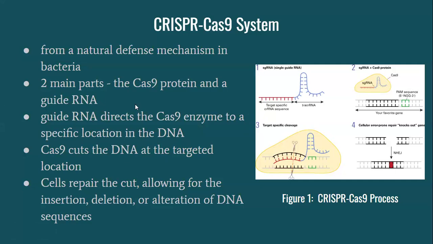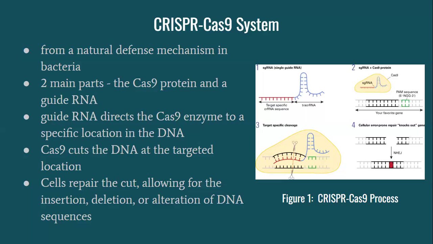So in a CRISPR-Cas9 system, there are two main parts: the Cas9 protein, which is like an enzyme that cuts, and a guide RNA that guides this protein to a particular location on the DNA where it needs to be cut. The Cas9 enzyme cuts the DNA at the targeted location, and cells repair the cut, allowing for insertion, deletion, or alteration of DNA sequences.